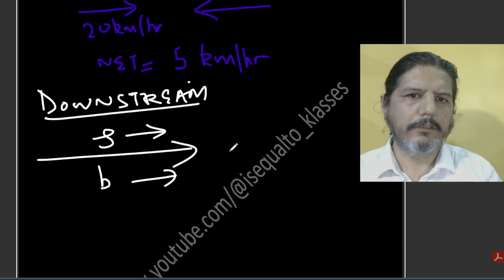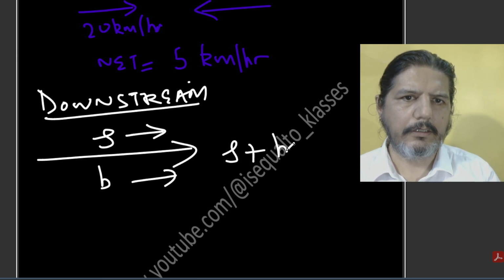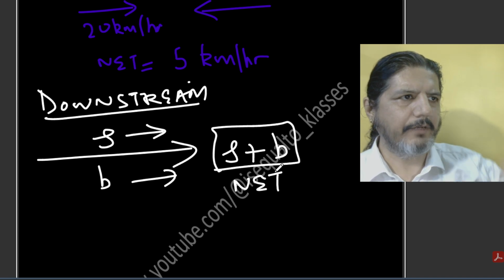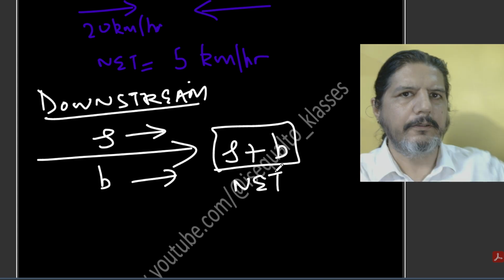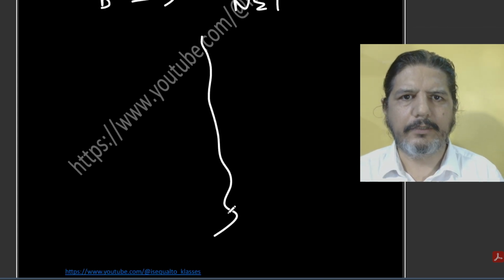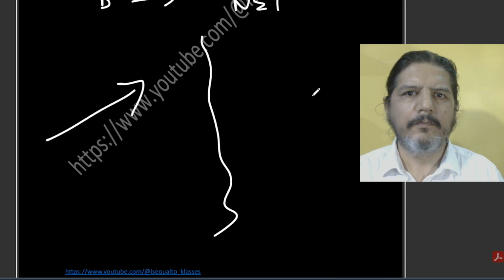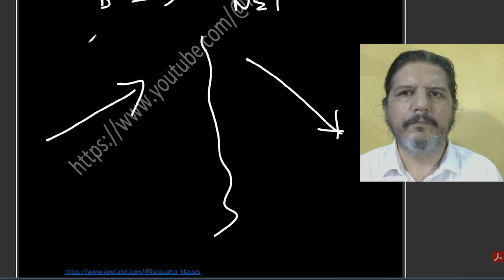So in this case, your net speed will increase. You will go at a speed of s plus b because the stream will add to your speed. So in short, usually I represent upstream like this and downstream like this.